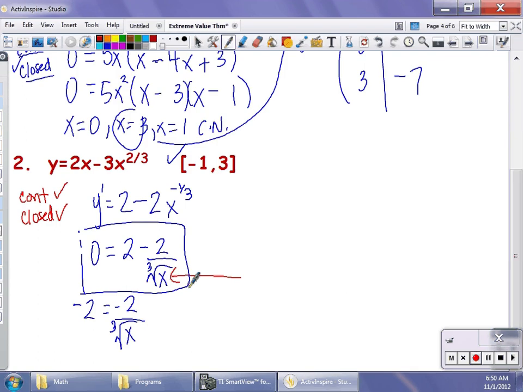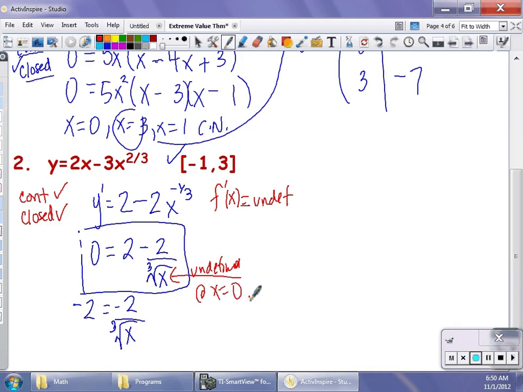Remember, for the definition of a critical number, where the first derivative is undefined is also a critical number. And this first derivative is undefined at x equal to 0 because division by 0 is undefined.